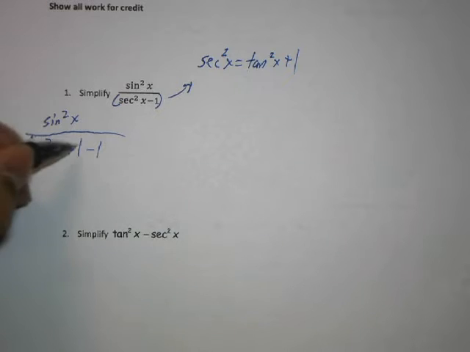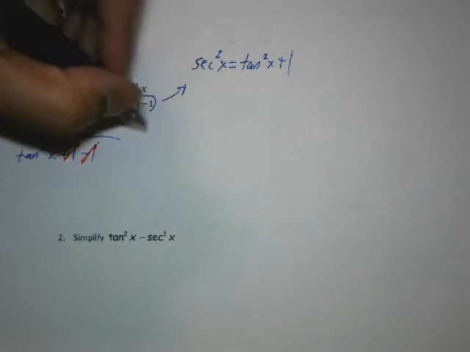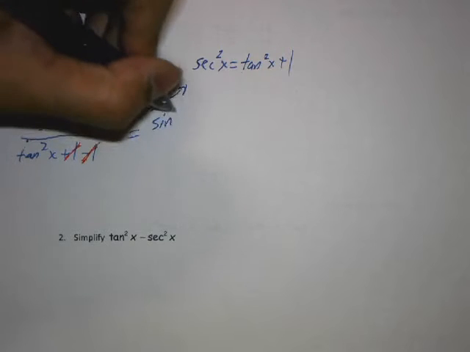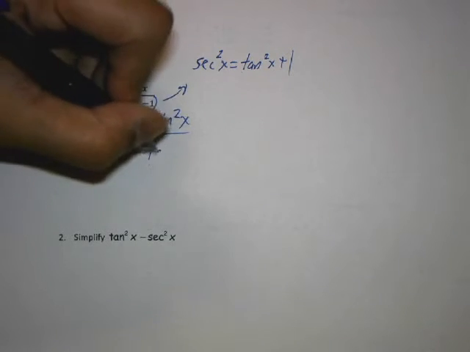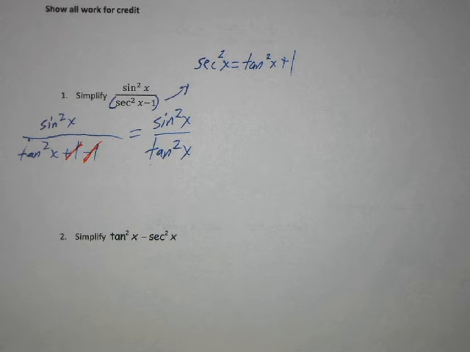It's a pretty easy cancel right here, and I'm left with sine squared over tangent squared. All right, well, we've simplified it to a single term, and at least the denominator is condensed down.